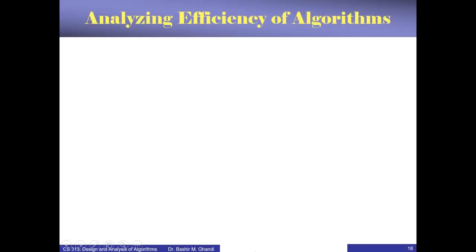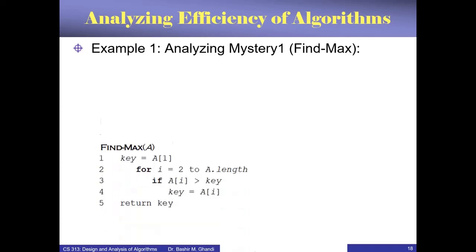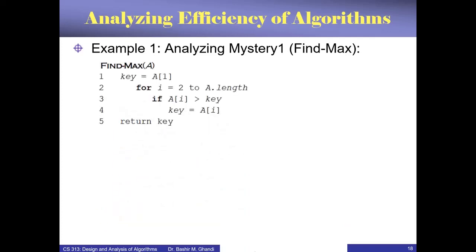Good. So with this idea in mind, we're going to take an example to see how to analyze an algorithm. So this is our first example. You recall our mystery 1 algorithm, which was actually a find max procedure.